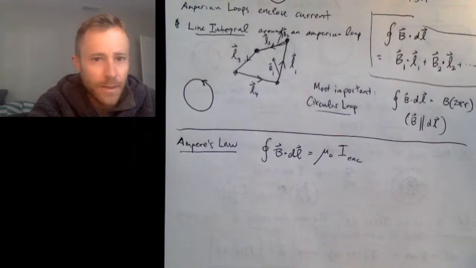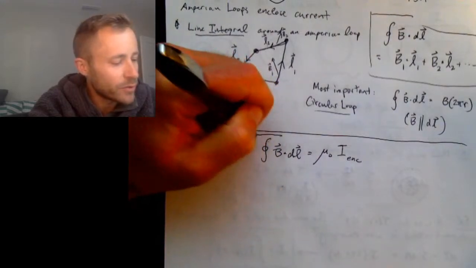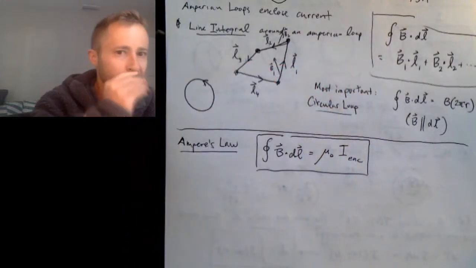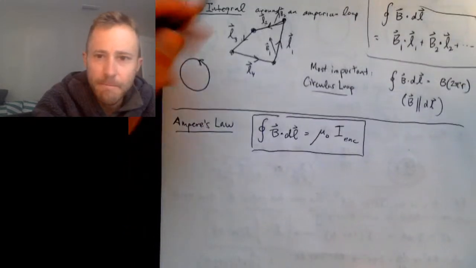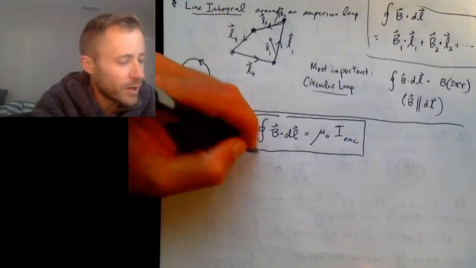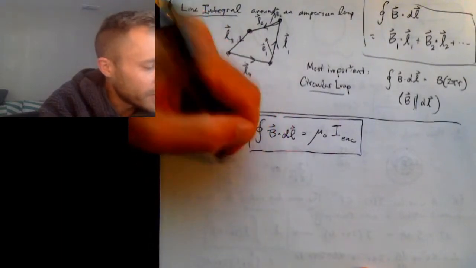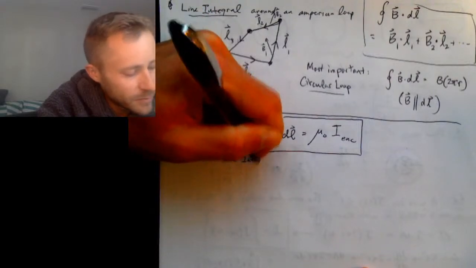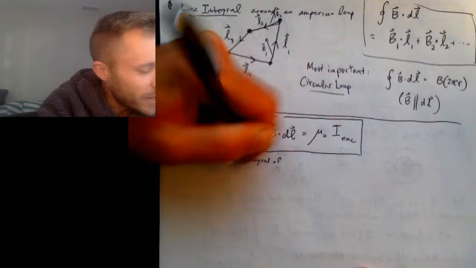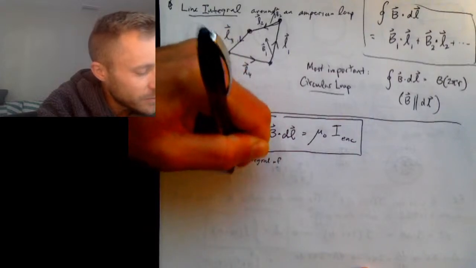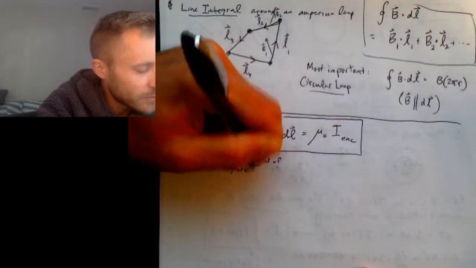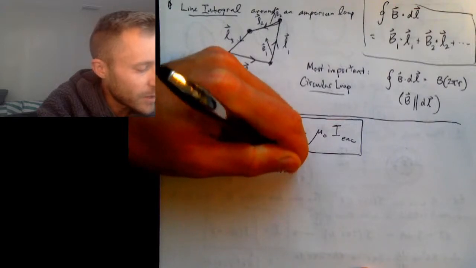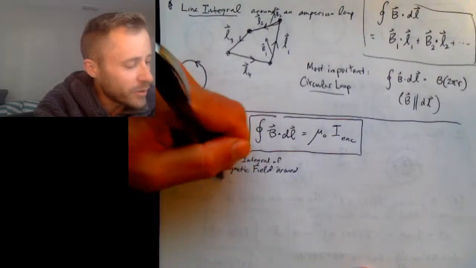All right? So this is called Ampere's law. Okay? So let me write it out in words. The line integral of the magnetic field around an Amperian loop.